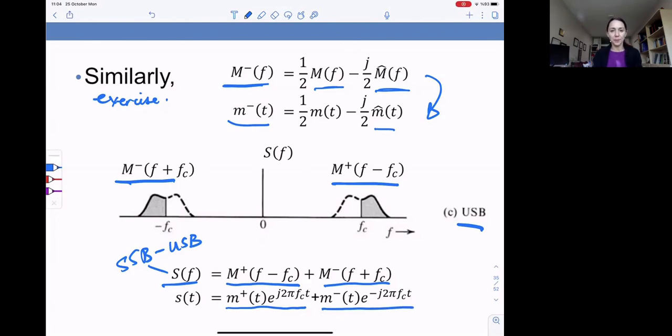Any questions here? Are you all following? And you thought modulation was multiplication. Okay. Now modulation suddenly becomes more sophisticated, right?